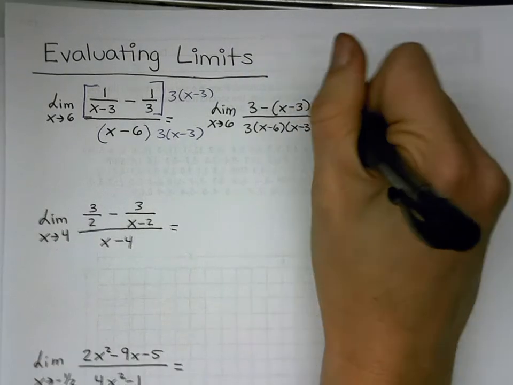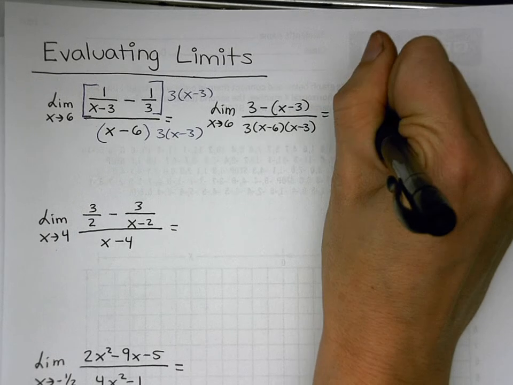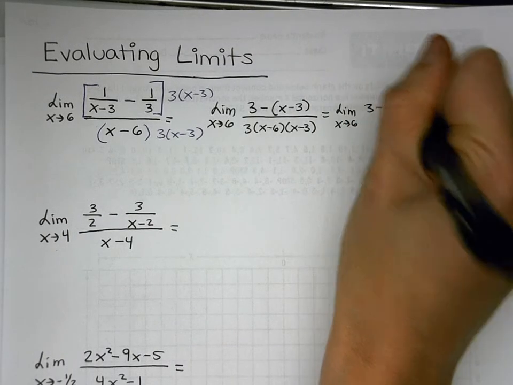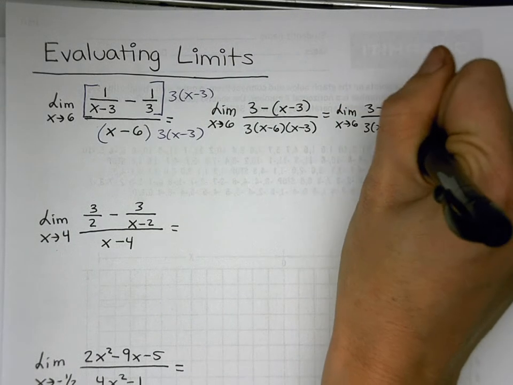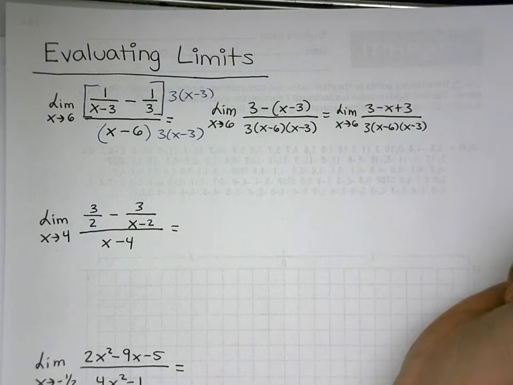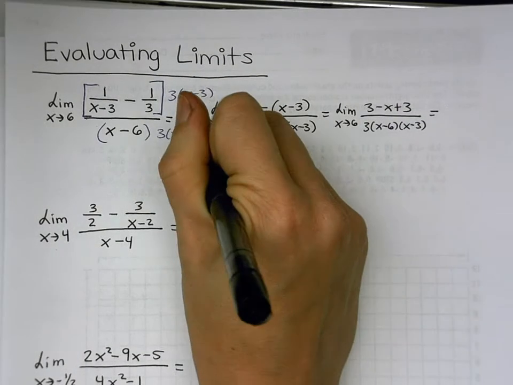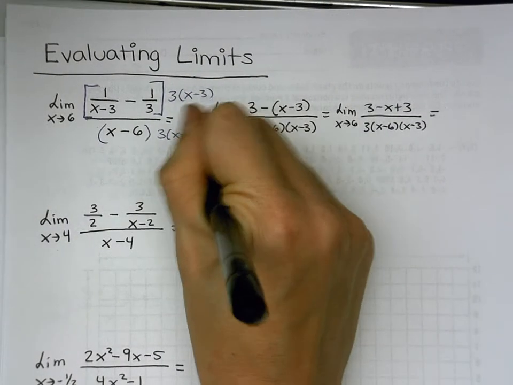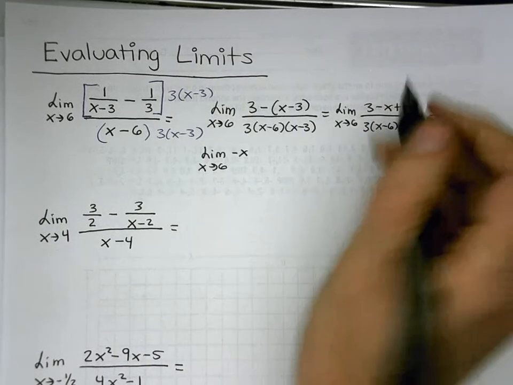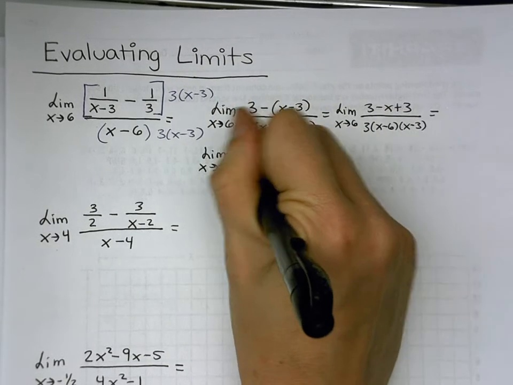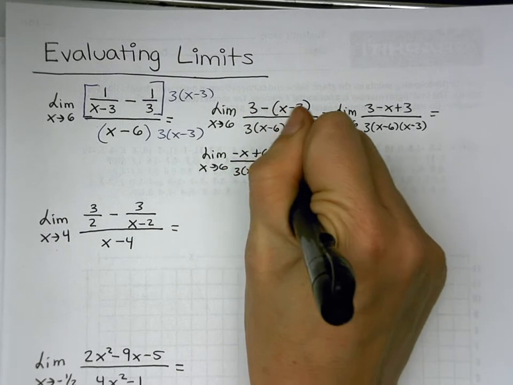Okay, distributing that negative in, we'd have the limit as x approaches 6 of 3 minus x plus 3, all over 3 times x minus 6 times x minus 3. Which gives me, adding those 3's together, the limit as x approaches 6 of negative x plus 6 all over 3 times x minus 6 times x minus 3.